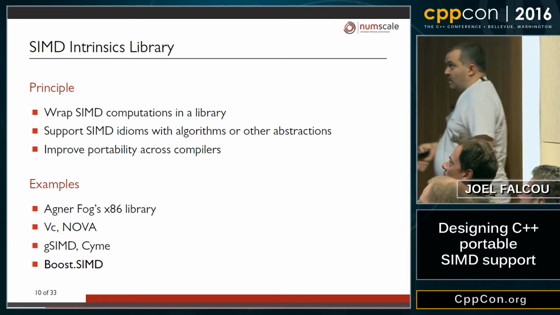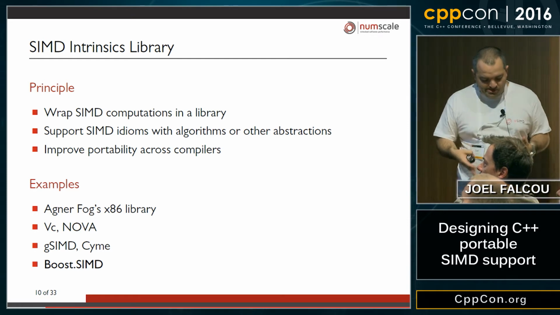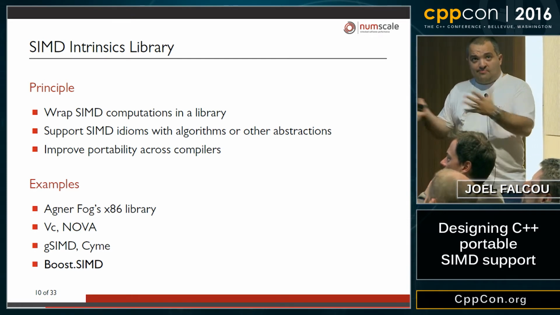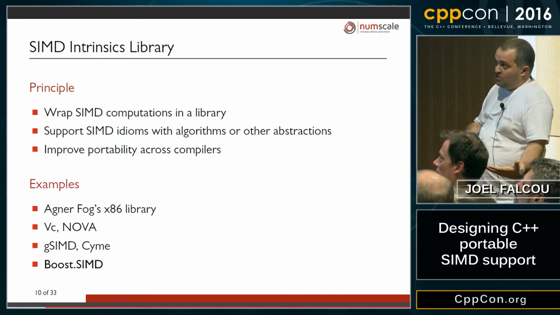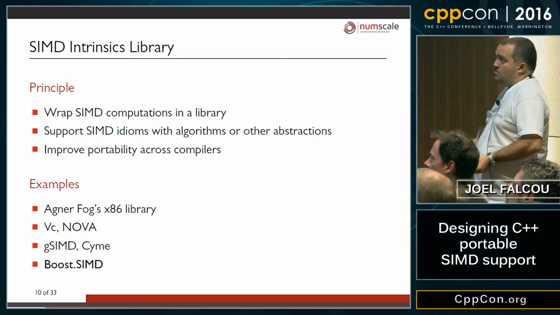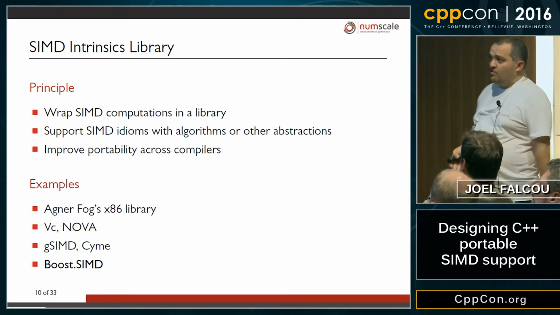People also try to wrap SIMD computation as a library. Most systems provide intrinsics and special types that map to the SIMD registers and the ways they have to be handled. You can just wrap that into a properly named structure and use operator overloading and so on.